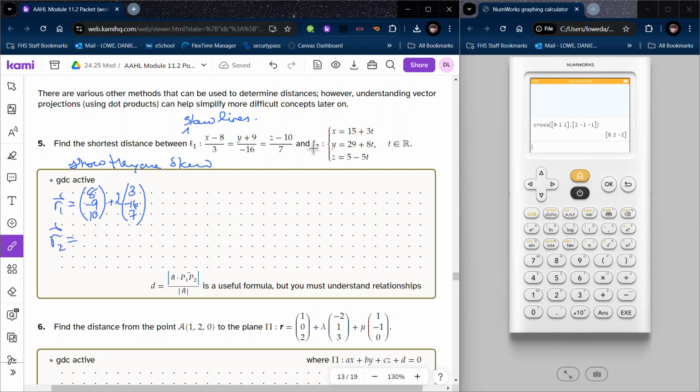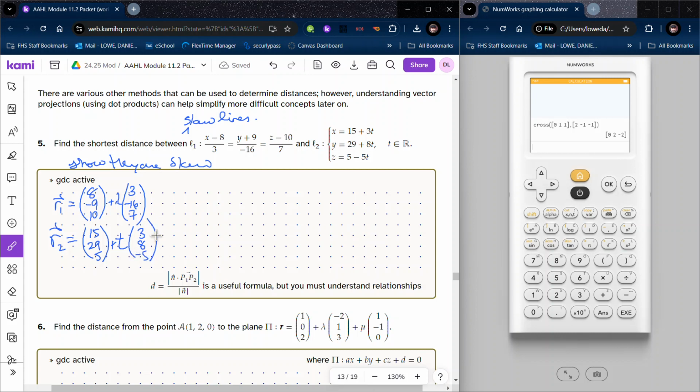Line 2 has an x component of 15, a y point of 29, and a z point of 5, and then plus a parameter times, technically they're using t, so why not use t, plus t times 3, 8 in the y direction, and -5 in the z direction.